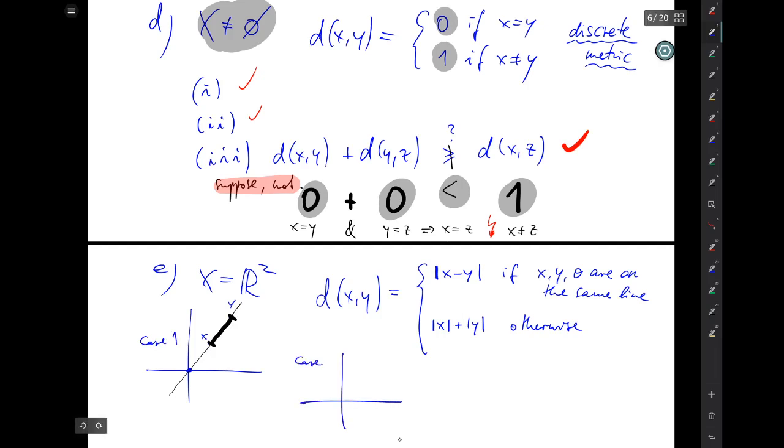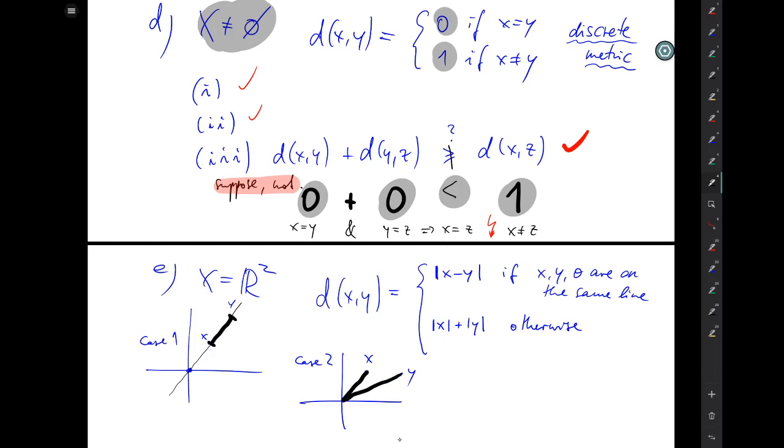So here's case 2. So suppose x is here and y is not on that line; it's somewhere else. Then what did we see? Well, we get that the distance from x to y is the length of the vector x plus the length of the vector y.